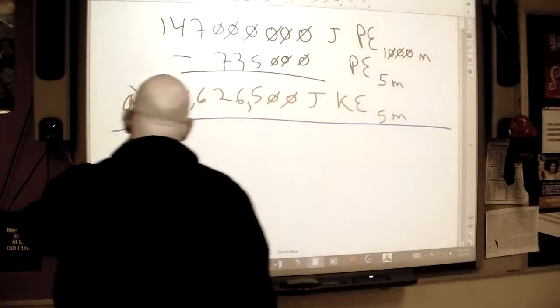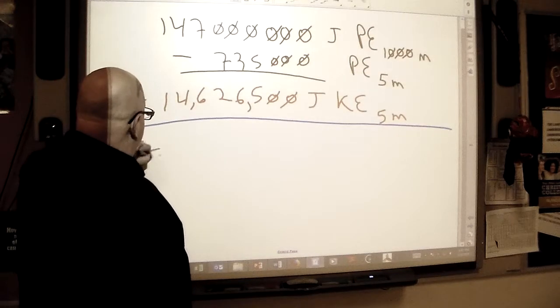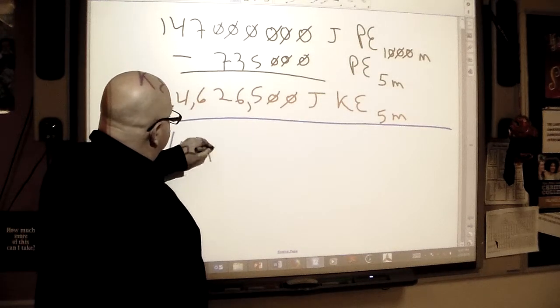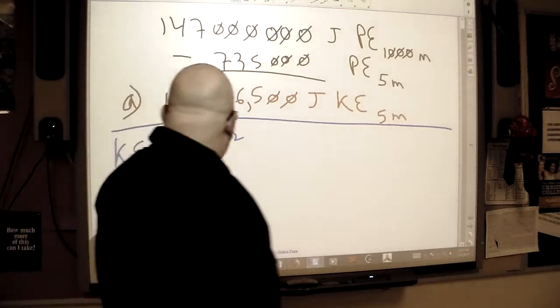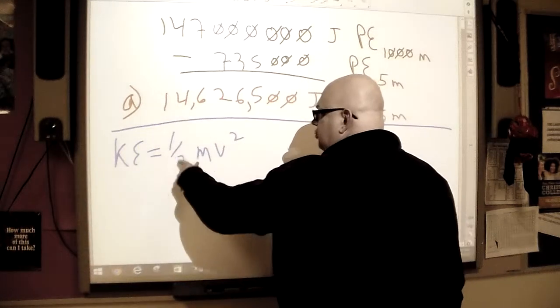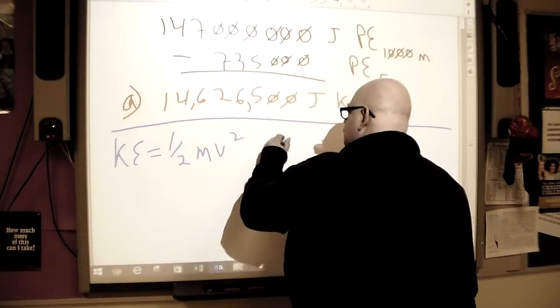I know that kinetic energy, the formula is 1/2 mass times velocity squared. So I'm going to need to rearrange the formula a bit. I'm going to multiply both sides by 2 to get rid of that 1/2.